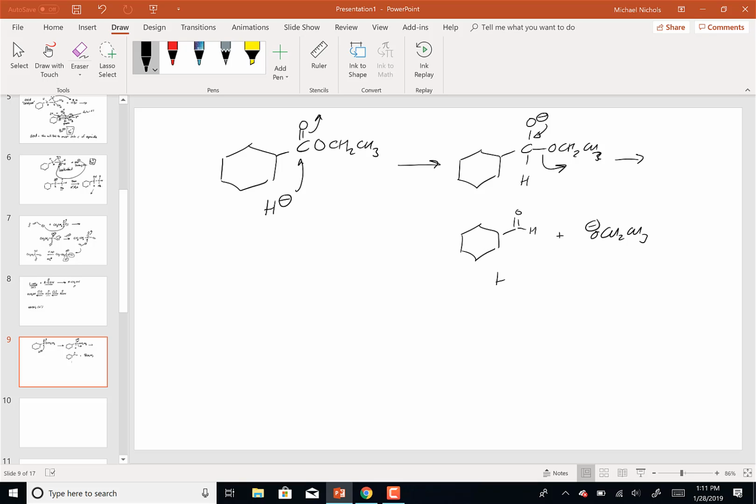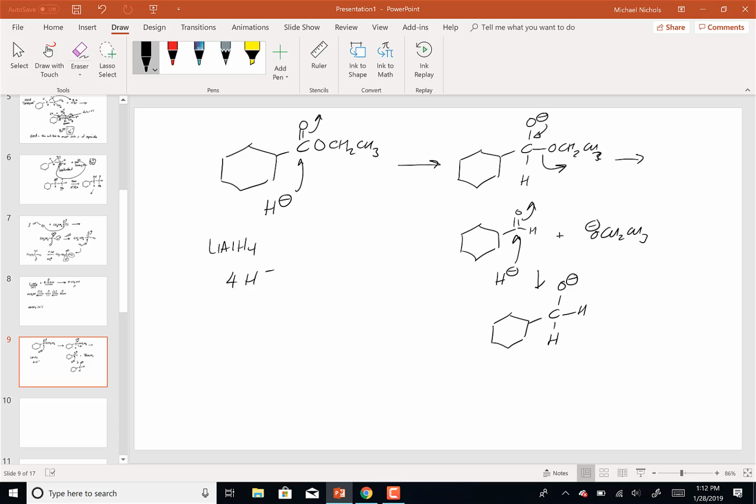Then, the thing with lithium aluminum hydride is it has 4 H minuses that it can give up. So then the second equivalent of H minus comes in, adds, and forms an O minus.